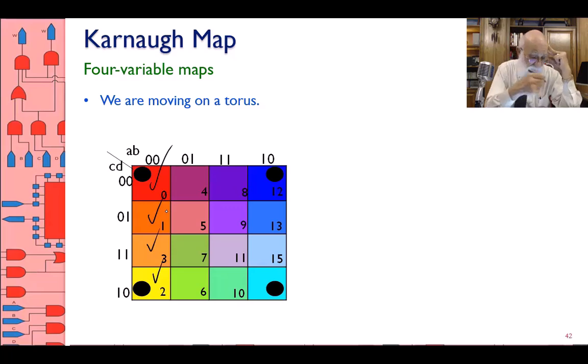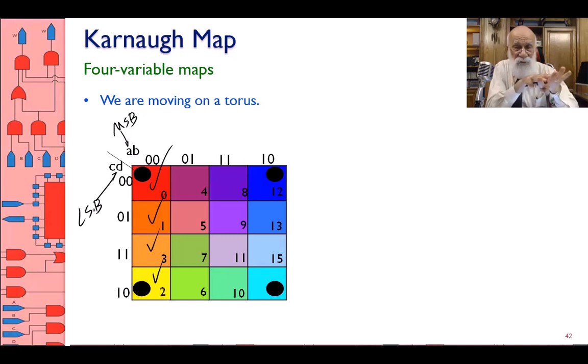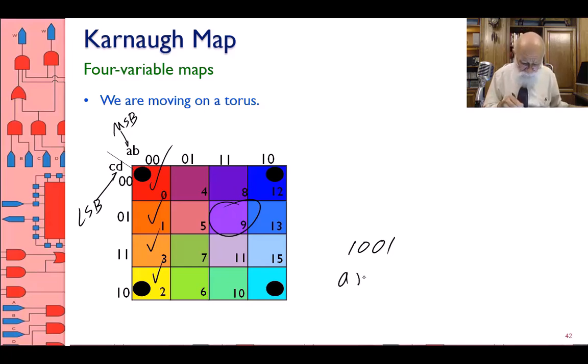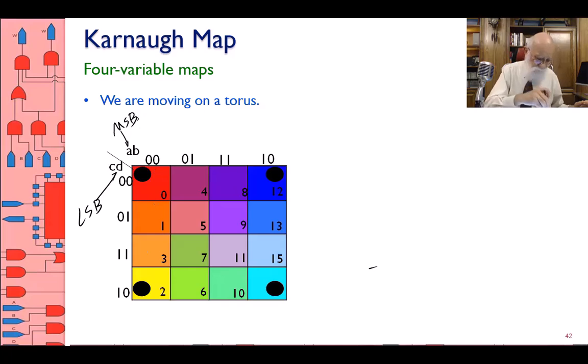This is considering that A is the most significant bit, considering the numerical values of the min terms, and then the D variable is the least significant bit that forms the 4-bit numerical value of the min term. And therefore this is min term number 9. Min term number 9 is this, and this is A, B bar, C bar, D. Just doing a quick review of what we have already seen.